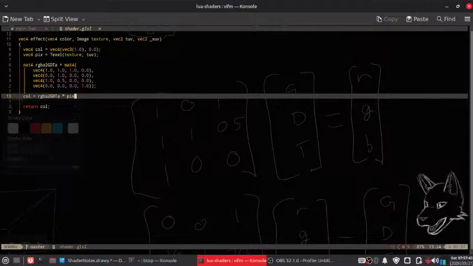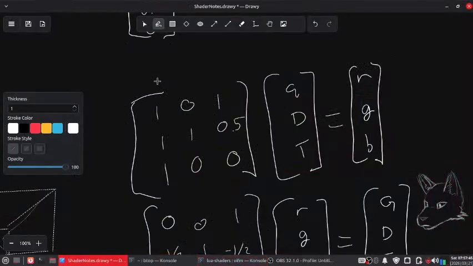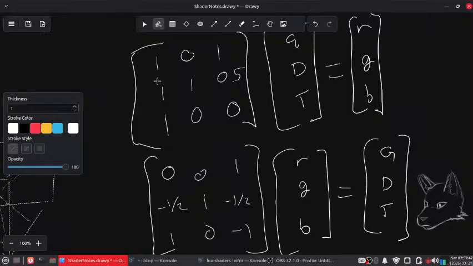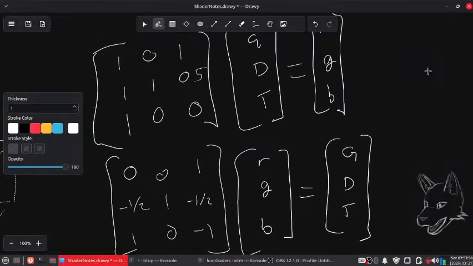So RGB, okay, so RGB. Let's think about what each of these should kind of map to.